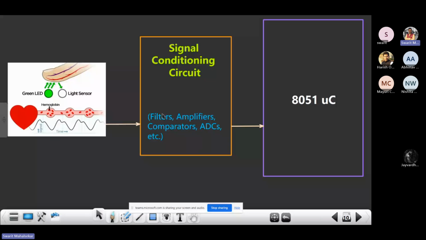The very first should be a capacitor, which will filter the DC part, and then we have filters, amplifiers, comparators, ADC, etc. What is the reason we connect this signal conditioning circuit between the controller and the sensor? Any idea? Kindly acknowledge.